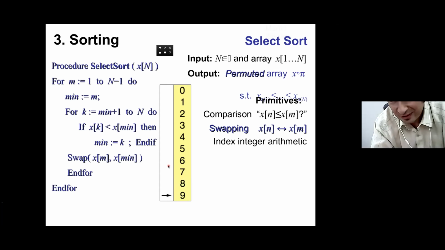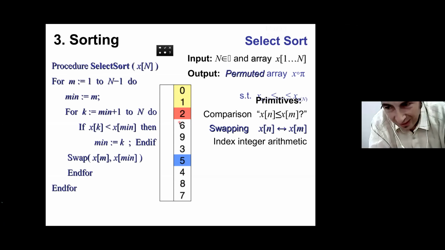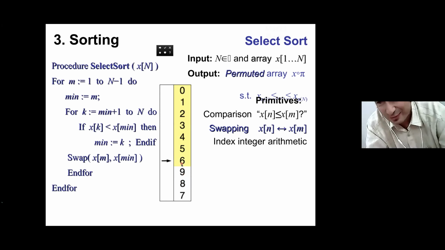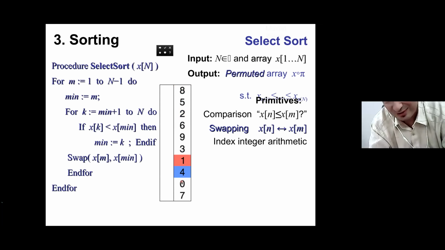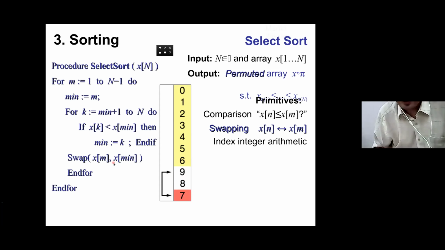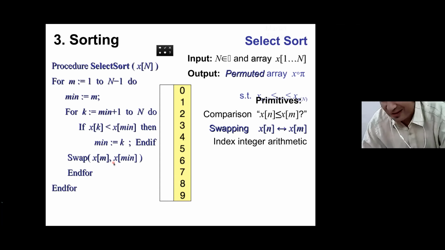So for example, 8 5 2 1 0, 2 1. Every time the blue element goes down until the end, and every time it finds something smaller than the red, it makes the red this new element. And at the end, after it ran down until the end, it makes this exchange.